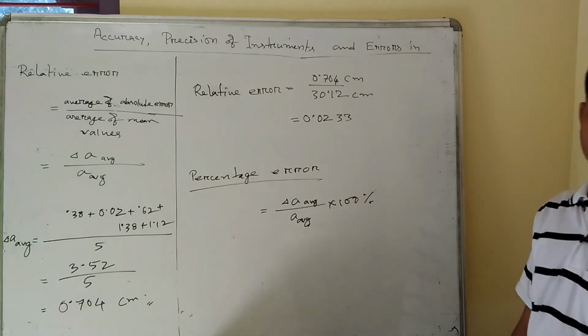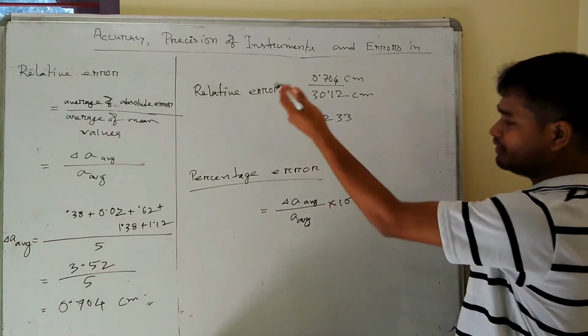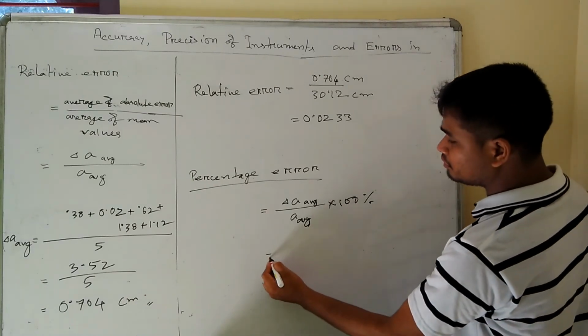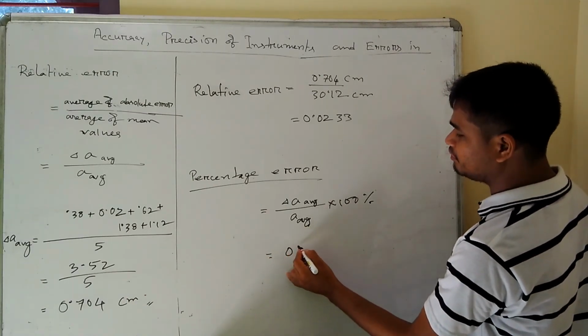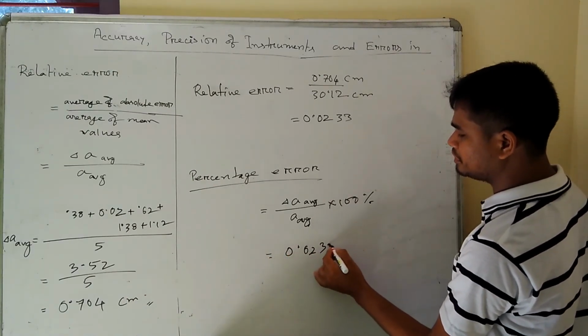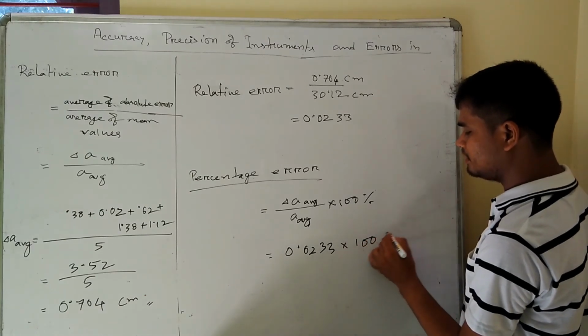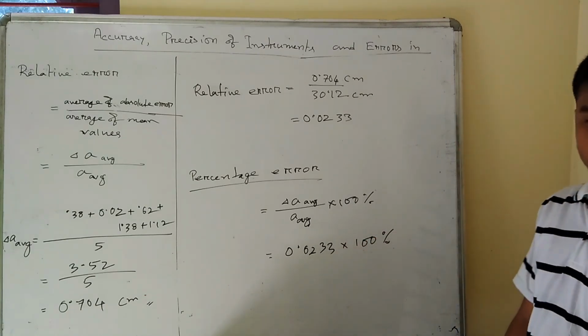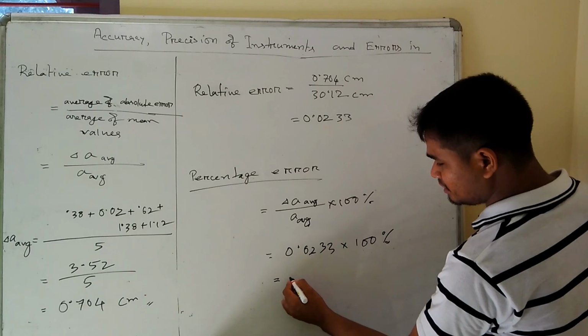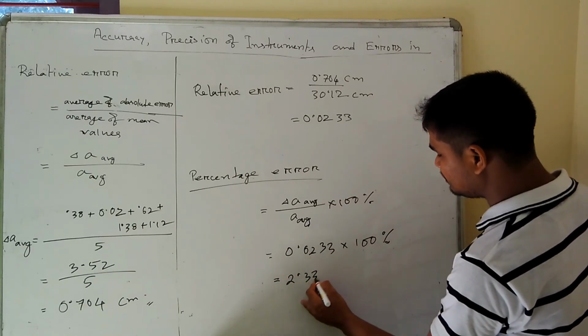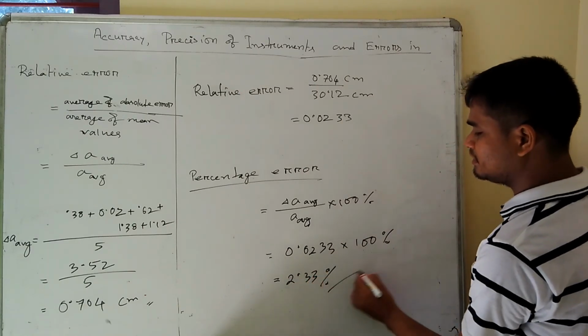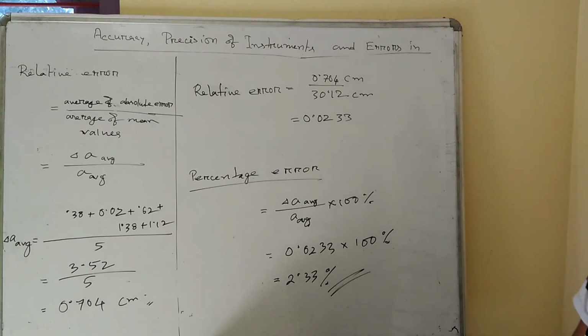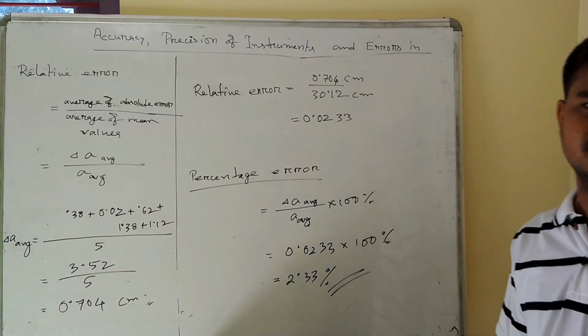That is the relative error into 100%. So 0.0233 into 100% is expressed as 2.33 percent. This is the percentage error in this case.